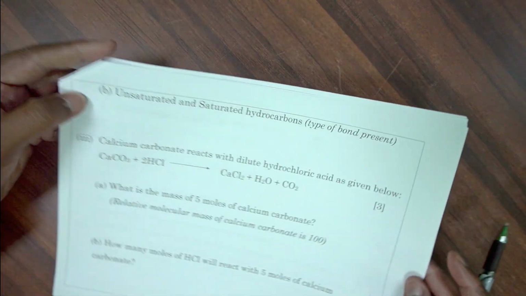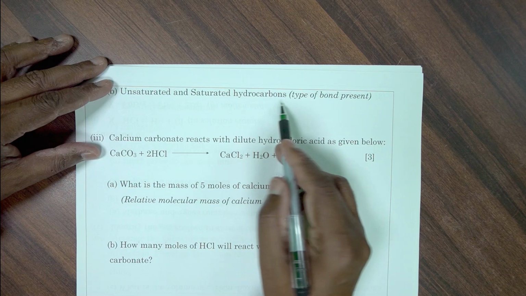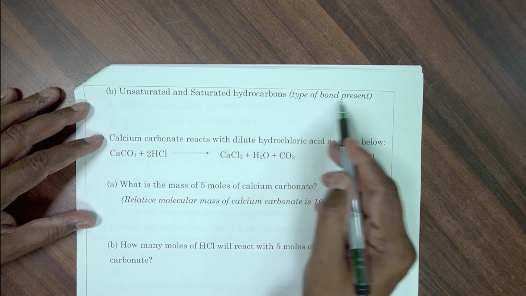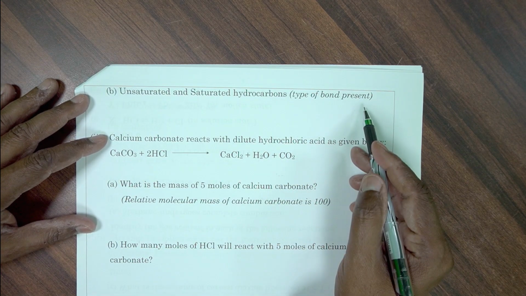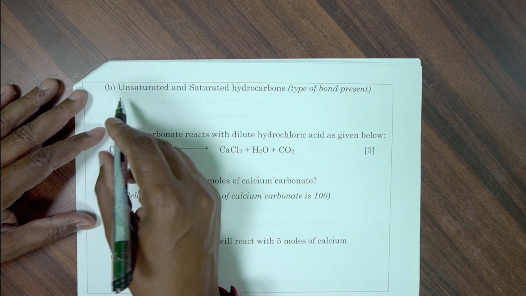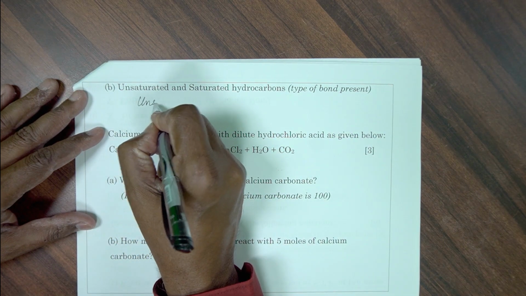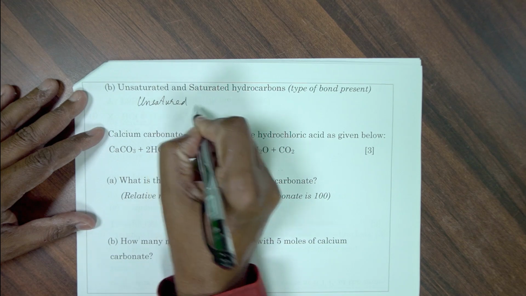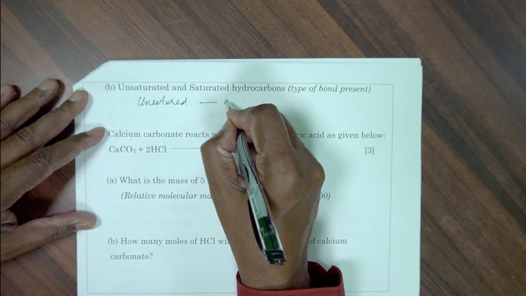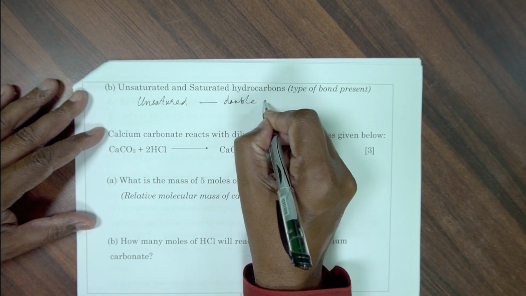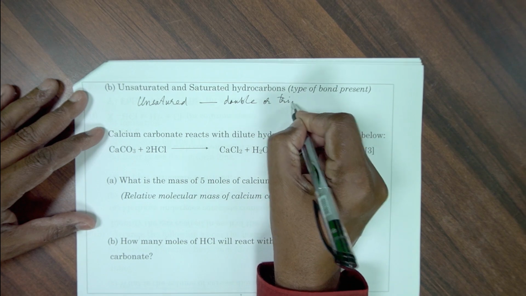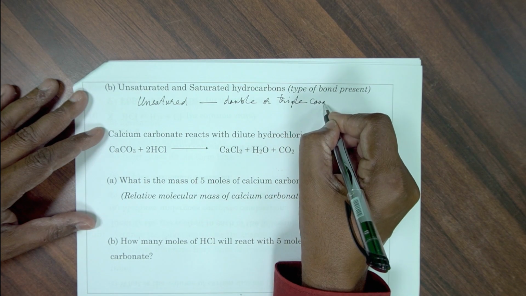Okay, we'll go to unsaturated and saturated hydrocarbons. Type of bond present. Here you differentiate on the basis of type of bond. So unsaturated hydrocarbons will have double or triple covalent bond between carbon atoms.